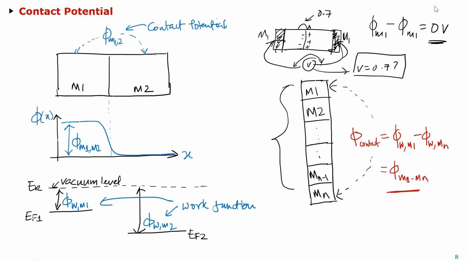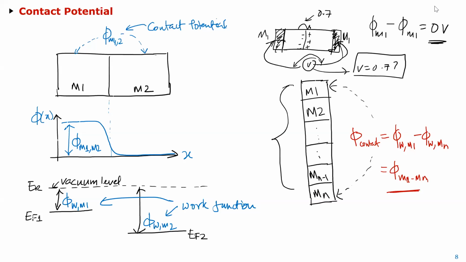Sir, I have one question. Yep, go ahead, Puneet. So basically, the phi contact which you're talking about, this is not the built-in potential. It is actually kind of built-in potential. If you did, for example, PN, PN, PN, there'll be built-in potentials of all the PN junctions in between, and finally what you get is the potentials on the two ends.